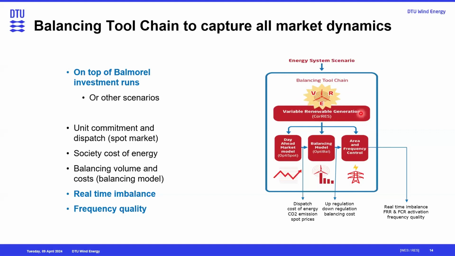And then we have our internal tool called CoreRes, which will generate time series for variable renewable energy, wind and solar. And then we can model the day ahead market, or we call it the spot market, which can model how, in each hour in the day ahead market, the generators will be generating or dispatched, and what would be the cost of energy, the CO2 emissions, spot prices, whatnot.